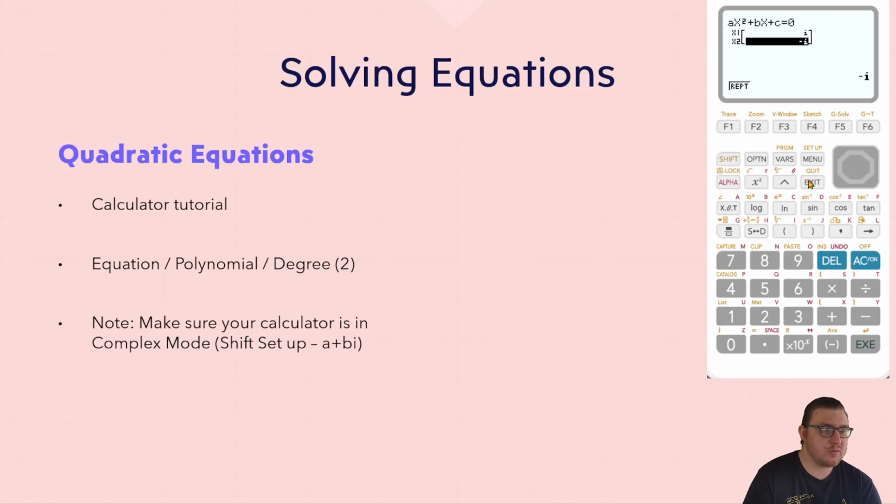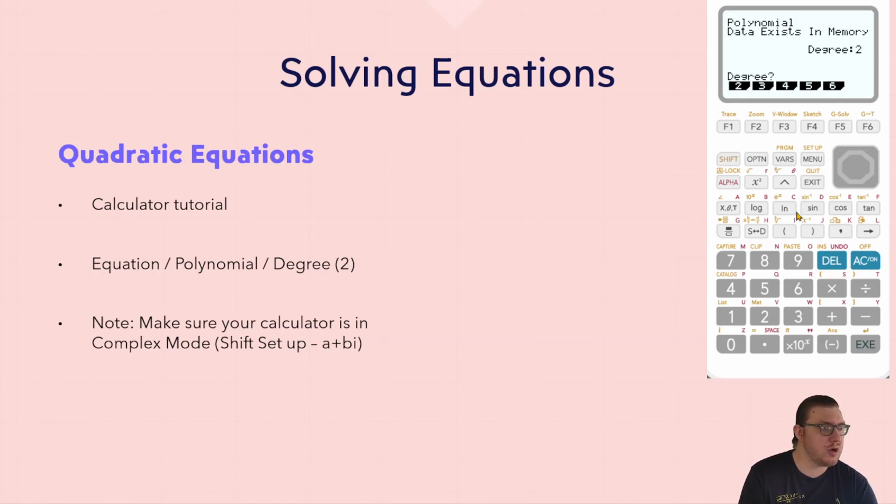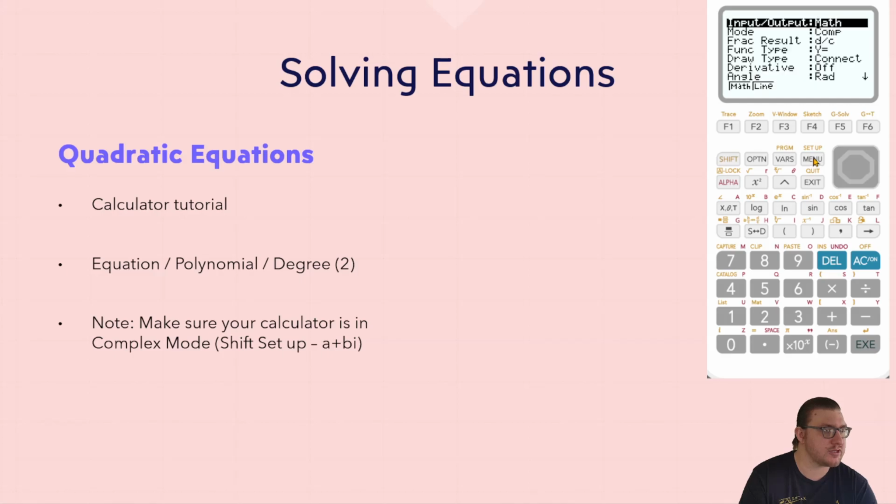Now your calculator will probably tell you that there is an error, and in order to be able to show complex roots, which you will find much easier to have equipped, you need to go to the normal page on the calculator and press Shift Menu for setup.